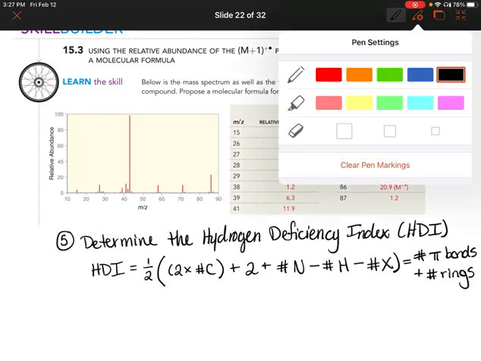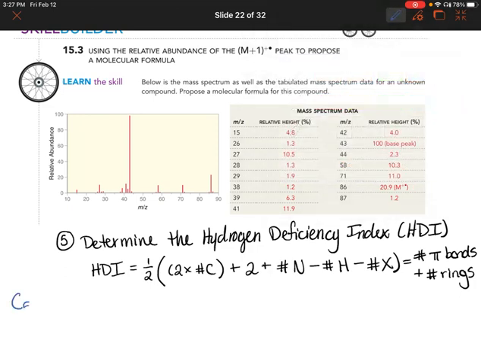Okay, so let's calculate this for our molecular formula, C5H10O. We're just going to plug in the number of carbons, which is 5. Then we're going to add 2. We'll add the number of nitrogens, which is 0 for our particular molecule.